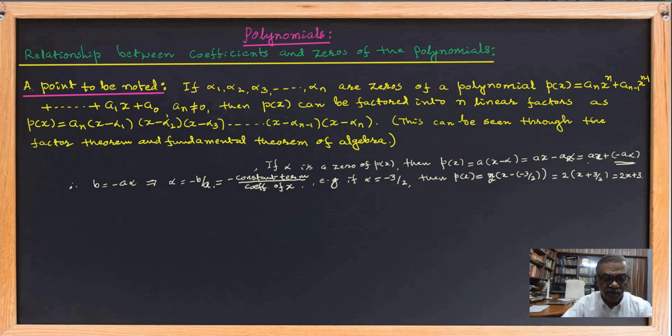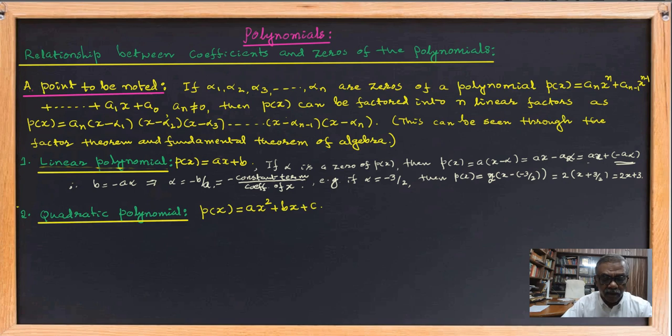Now we can consider a quadratic polynomial, p(x) is equal to ax square plus bx plus c.